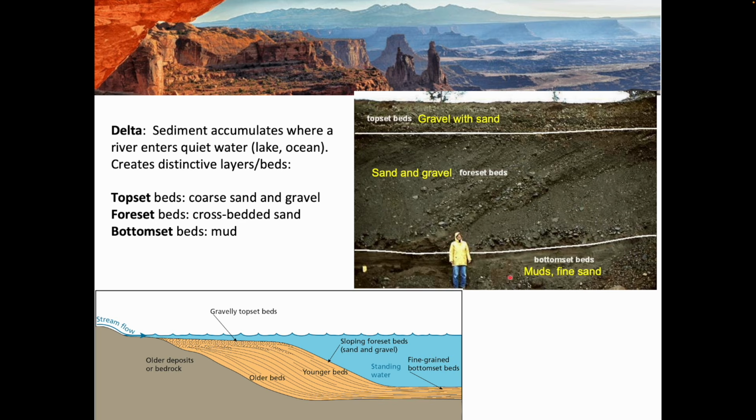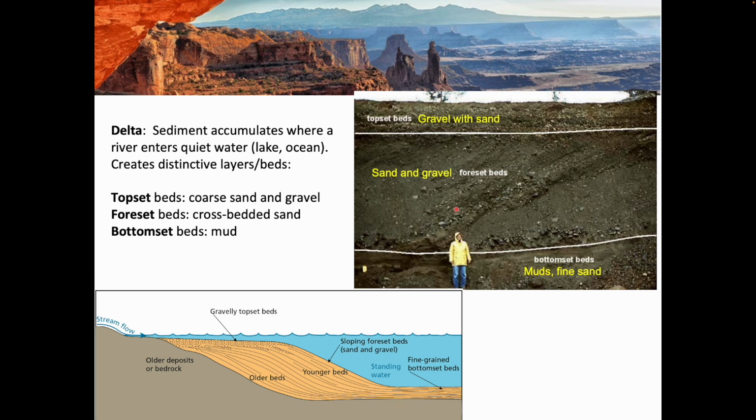We start with our bottom set beds, which are fine-grained, which are deposited farther away from the moving water. As more sediment is brought in, that deposits a cross-bedded, tilted layer called a foreset bed, which usually contains sand and some gravel.